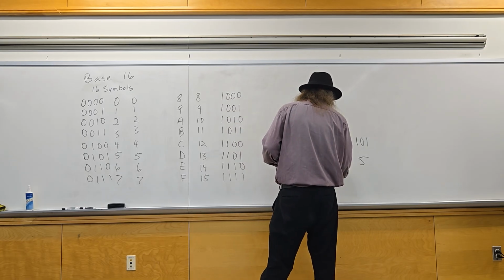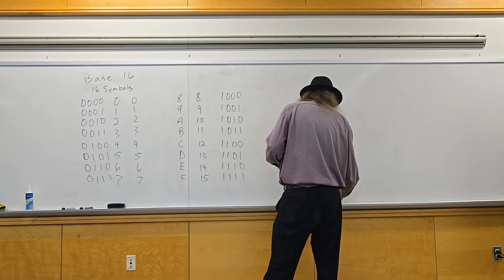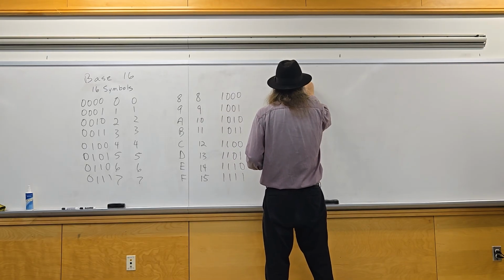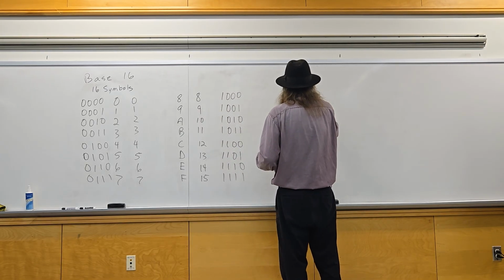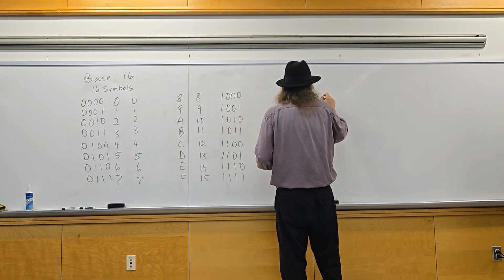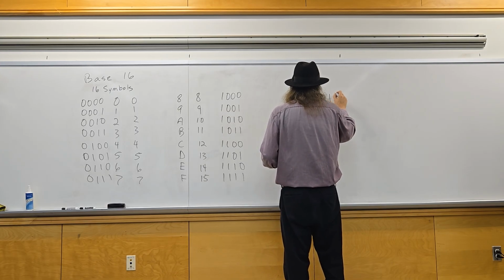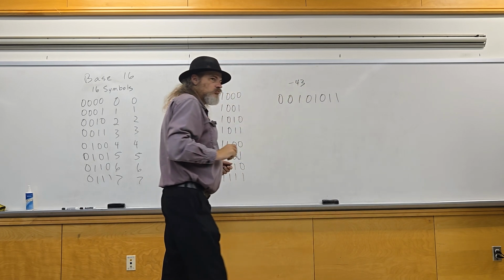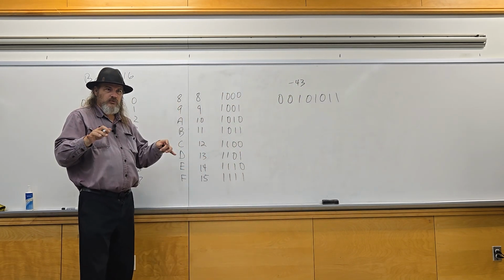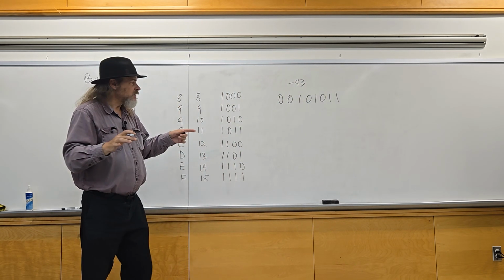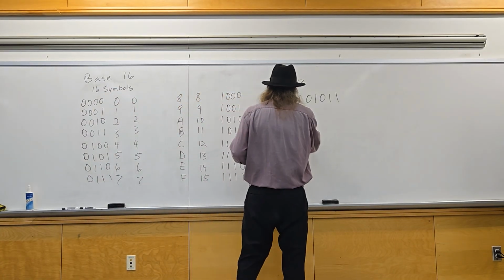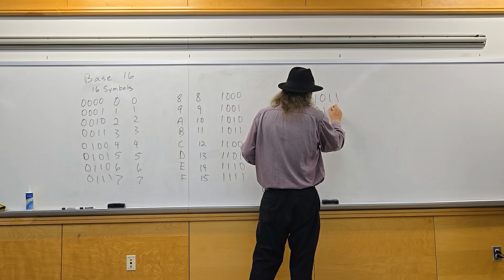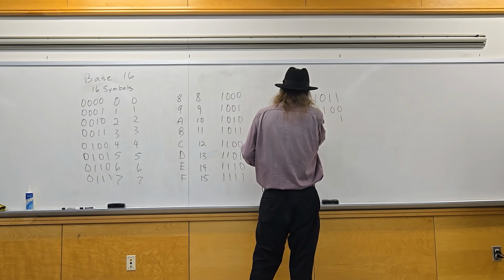Minus 43 was 1, 0, 1, 0, 1, 1 with 2 leading zeros, right? That was the 43 in binary? Yeah. Okay, flip the bits. Add 1.